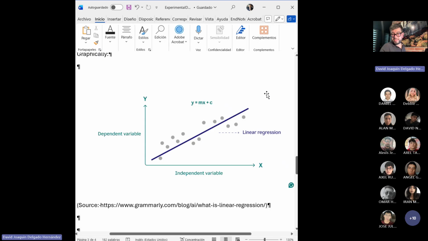I took this image from the internet, but the idea is basically the same. So you have some points, and then what you are going to do is carry out an analysis about these points. Okay, so let us carry out an example in the Excel file to illustrate these concepts.